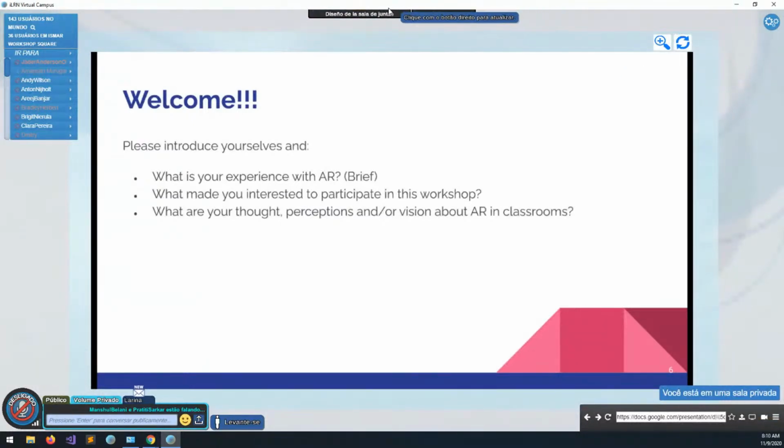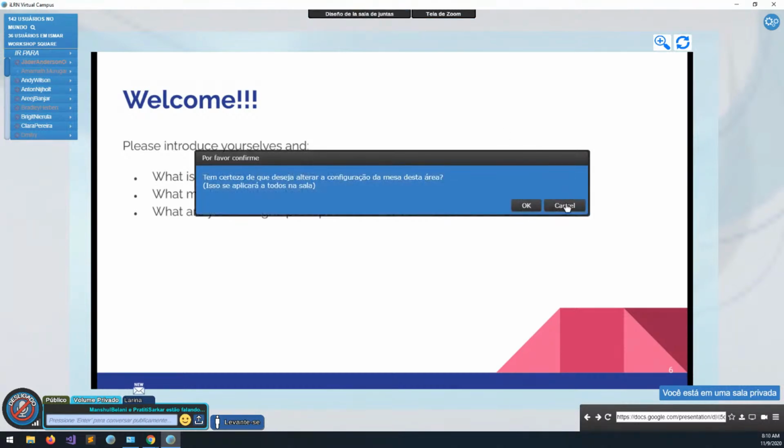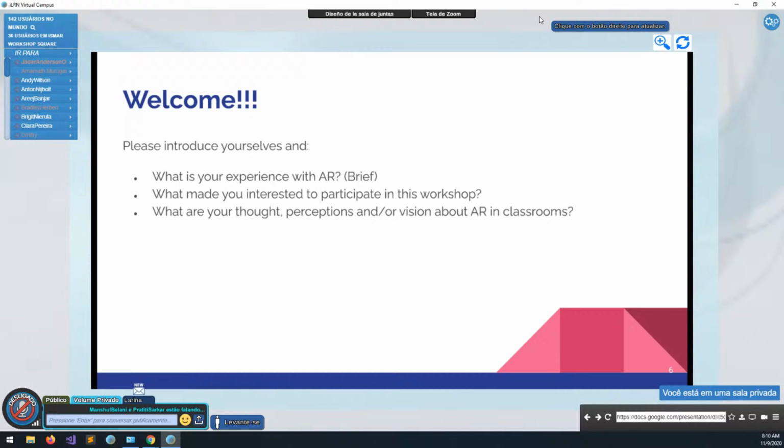I'm Anshul Dilani. I'm a third year PhD student at Indraprastha Institute of Information Technology, Delhi, and I am doing my PhD in the Human Centered Design Department under Dr. Aman Karnani. My area of interest is understanding and leveraging virtual reality and augmented reality for vocational training in India.